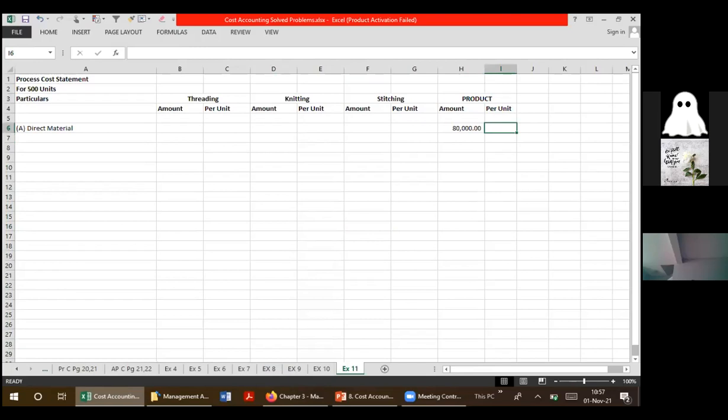So direct material 80,000, and that will be divided by our units, that is 275. This divided by 275. We'll have to change this. Number of units here is 275 units.